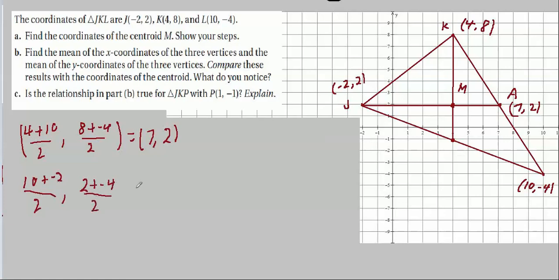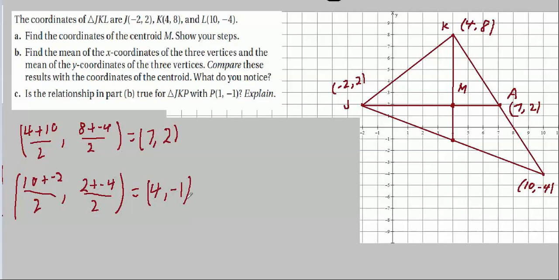That will give us our other midpoint. 10 minus 2 is 8 over 2, that's 4. And minus 4 plus 2 is minus 2, over 2 is minus 1.